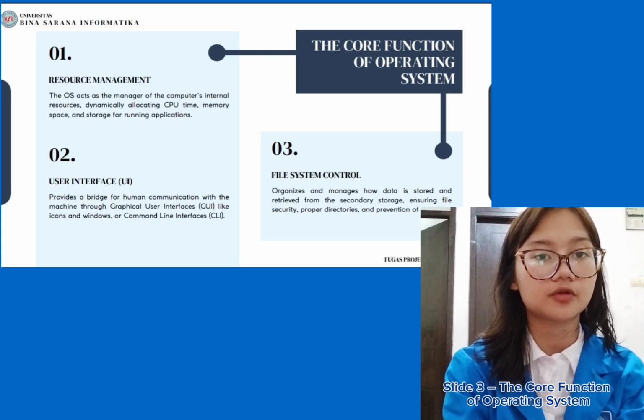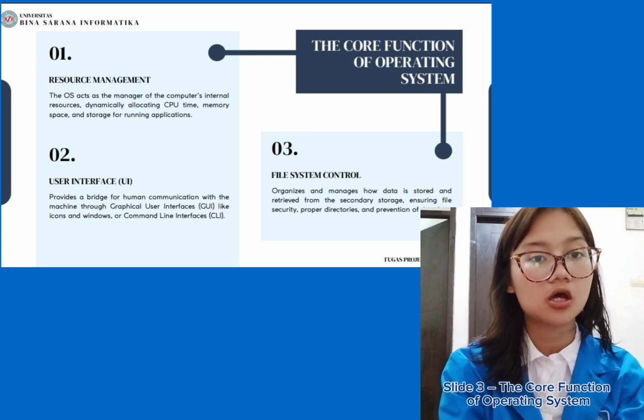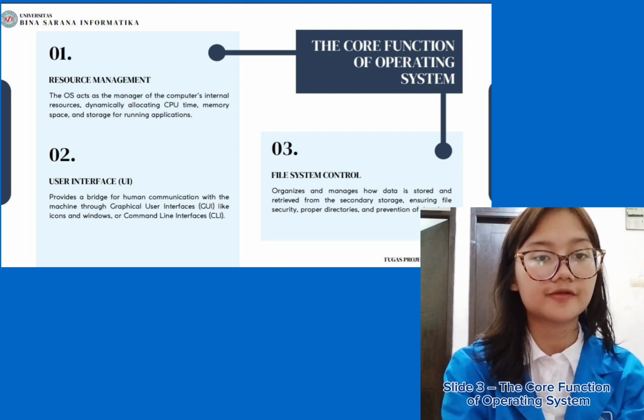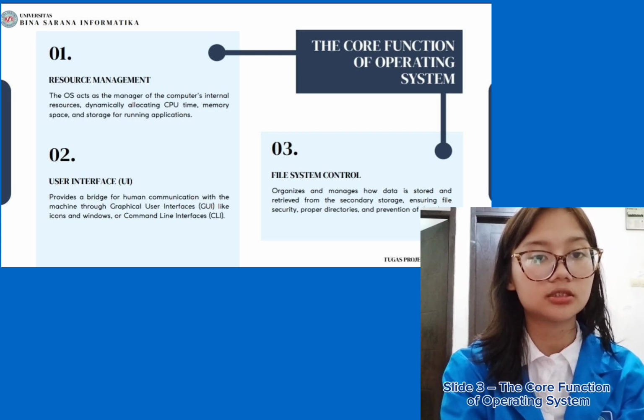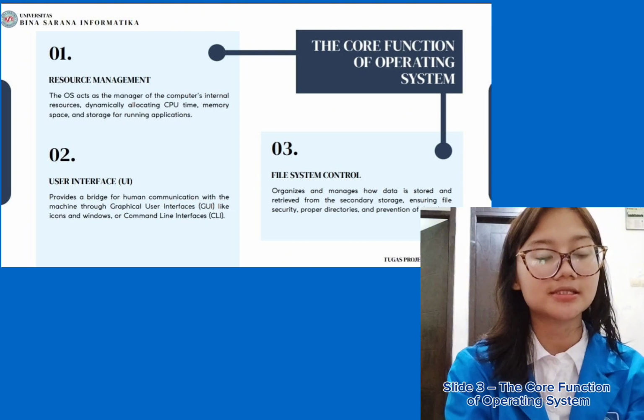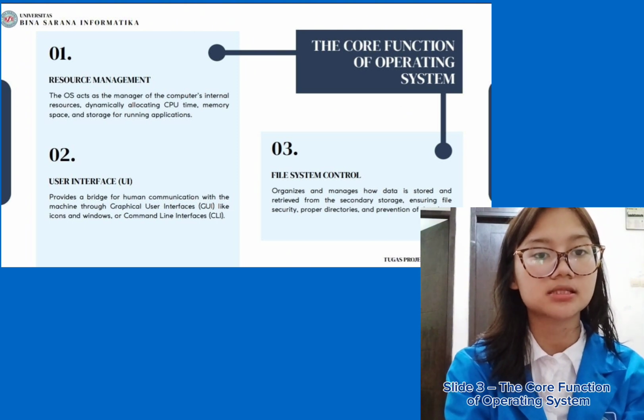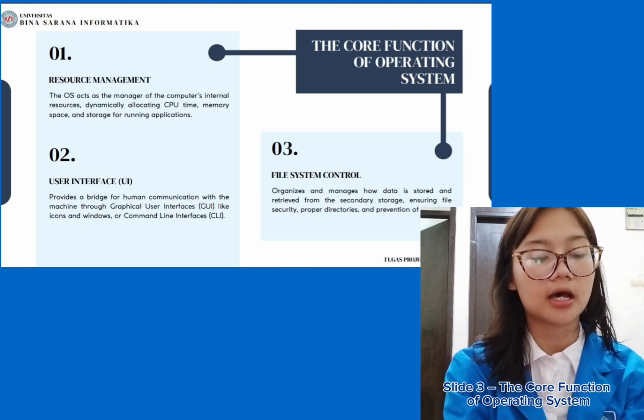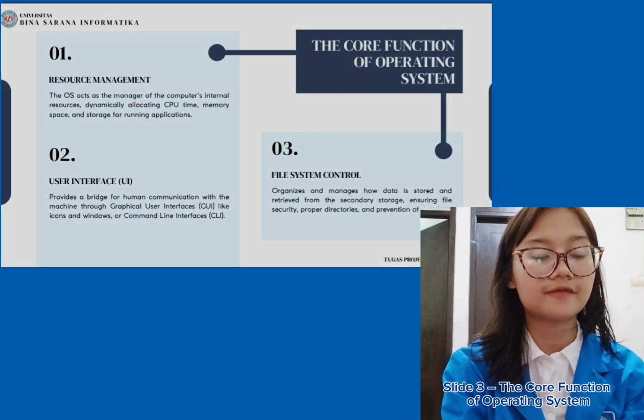It allows users to interact with the computer through a graphical interface like windows and icons, or a command line interface. The third function is file system control. The operating system organizes files, protects data, and makes it easier to store and retrieve information.